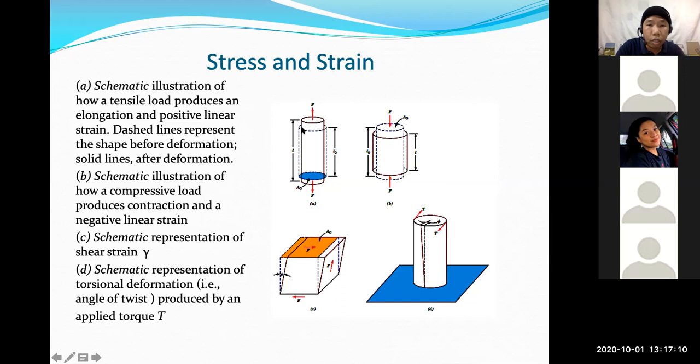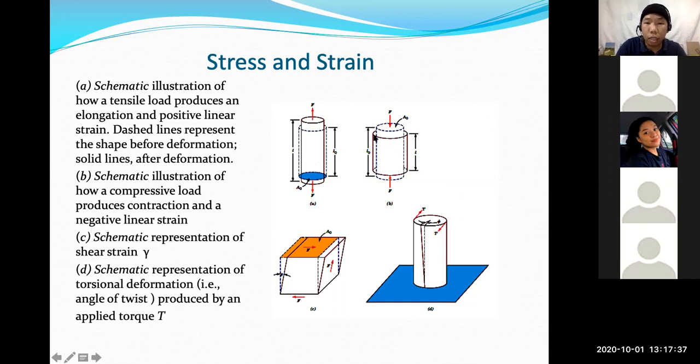So here, as you can see, take a look at the direction of the force, it's outward. So what happens here, these dashed lines represent the shape before this material has deformed. This is the solid line after deformation.